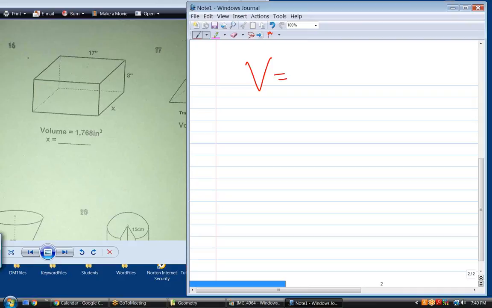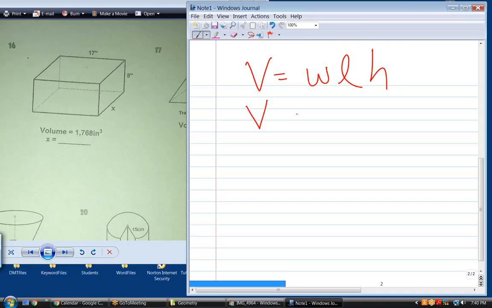I'm a little nervous with you using the term base. I'd rather use three linear terms. In other words, width times length times either height or depth. Those are the three dimensions. That's the general formula.